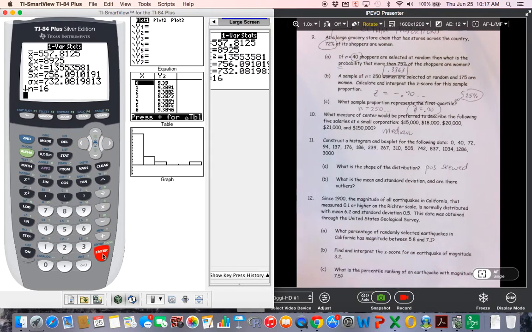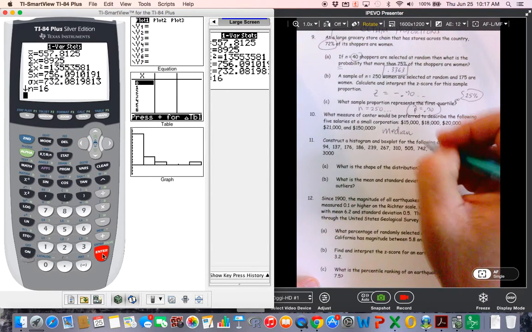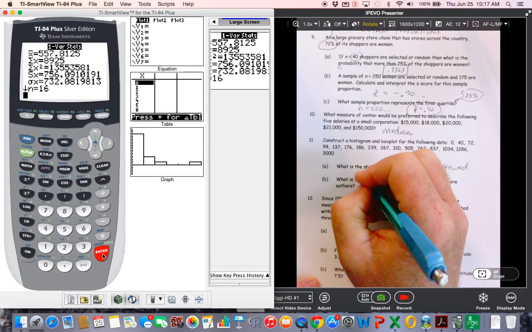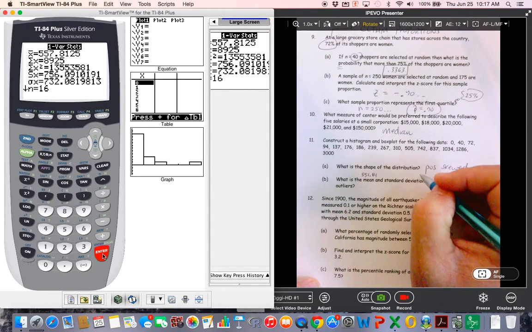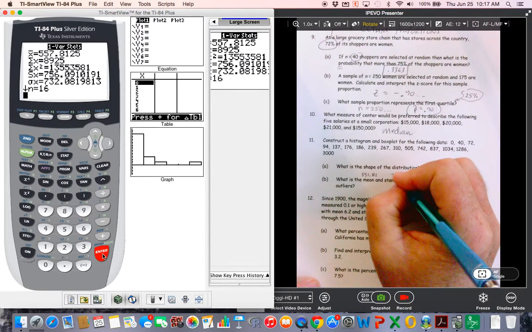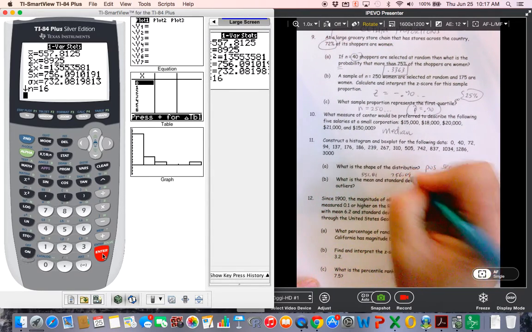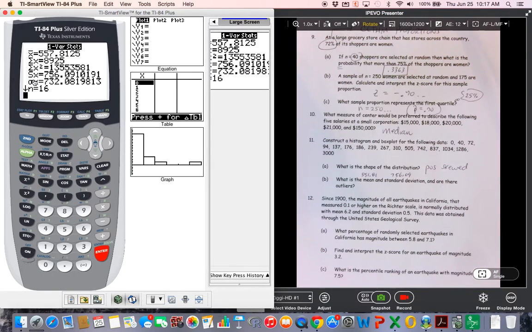So my mean is 557.81. And the standard deviation is 756.09. Now you should know by now to use the Sx and not the sigma x. Okay. Are there outliers? Well, guys, to determine outliers, we got to do a box plot.